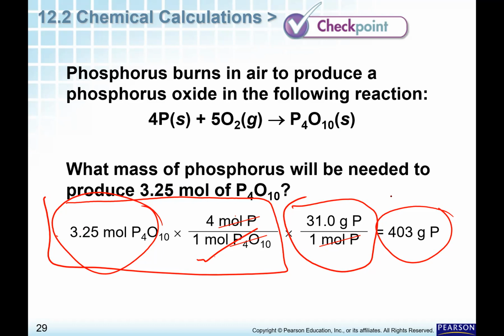This type of calculation is basically called moles into mass, because we started with moles. As you can see from this example, it is not necessarily that we always start from the reactants. We sometimes start from the product side. We start with the given quantity, regardless of whether it is a reactant or a product.